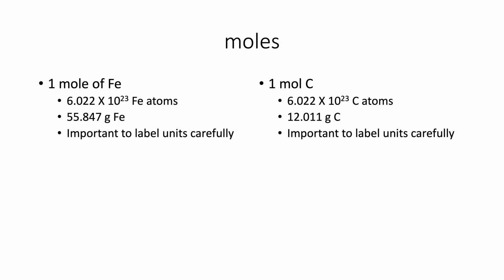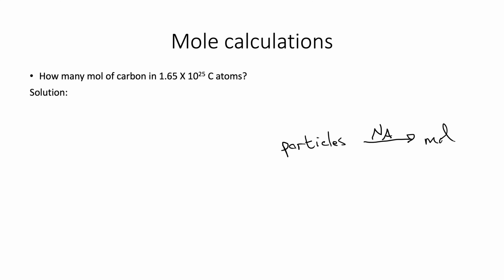Dimensional analysis is used best if you're very diligent about labeling things. So not just grams, but grams of what? Not just moles, but moles of what? It'll save you hundreds of points throughout your career in chemistry because of all the mistakes you won't make. So let's do some mole calculations.